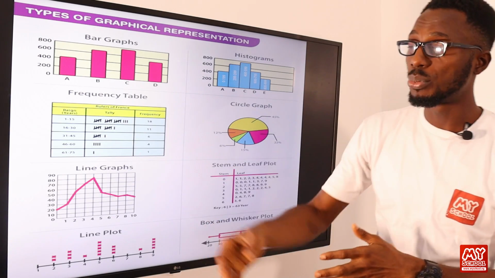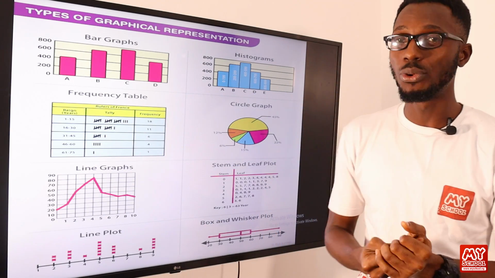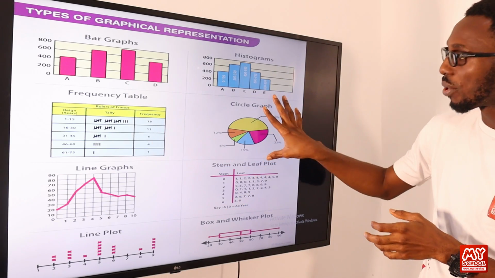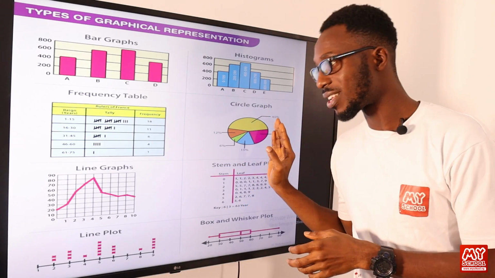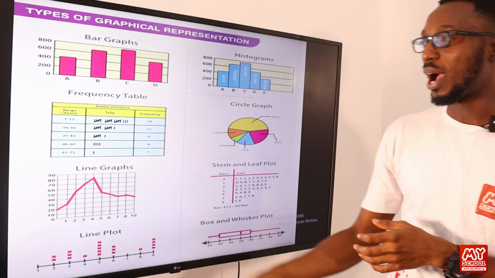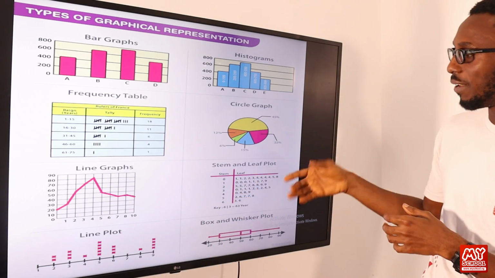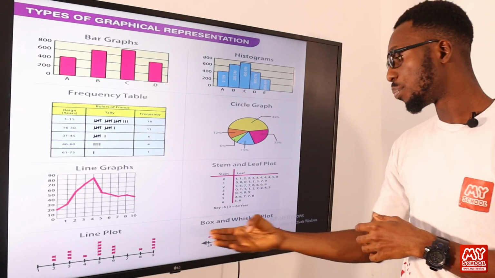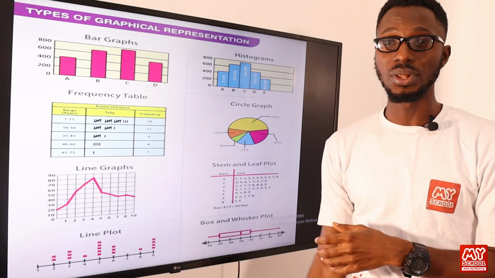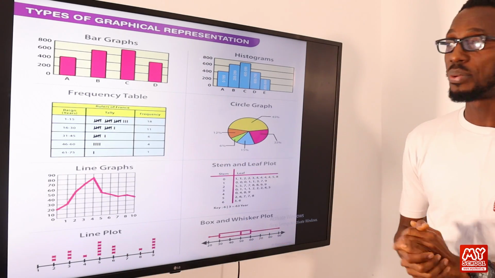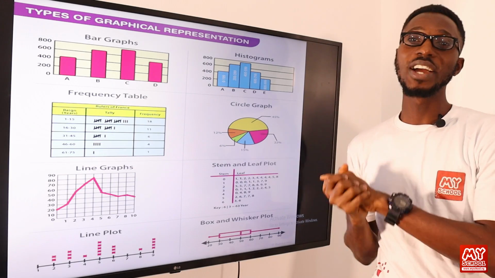So we have the frequency table and the cumulative frequency table. We have the circle graph, which you can refer to as your pie chart, or your divided circle. We have your line graphs, your stem and leaf plots, your box and whisker plots, and your line plot. These are ways whereby we can present our data. Let's move on to the next slide.